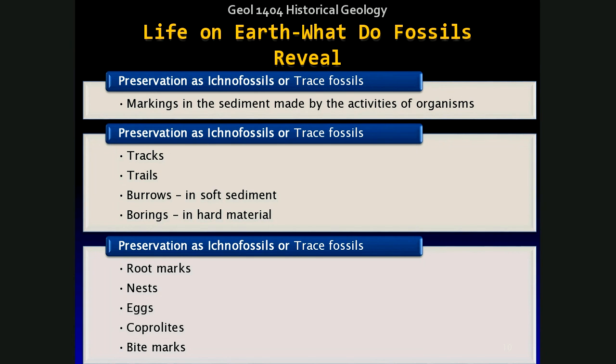So the good examples for these are tracks, trails, burrows, borings, root marks, nests, eggs, coprolites or fossilized fecal materials, or bite marks. So there are several different types of trace fossils.